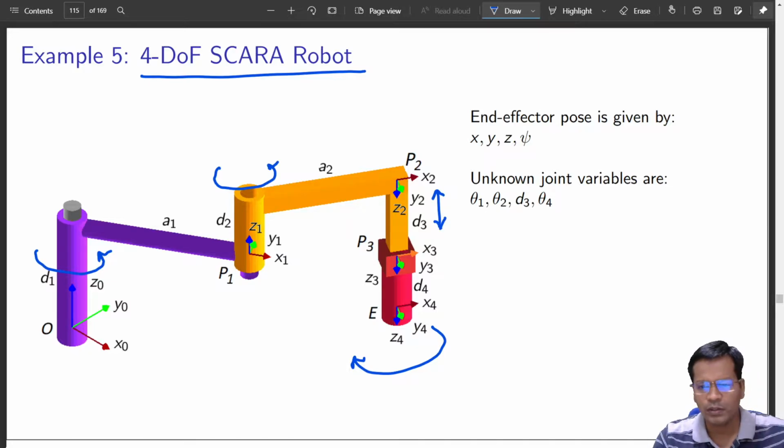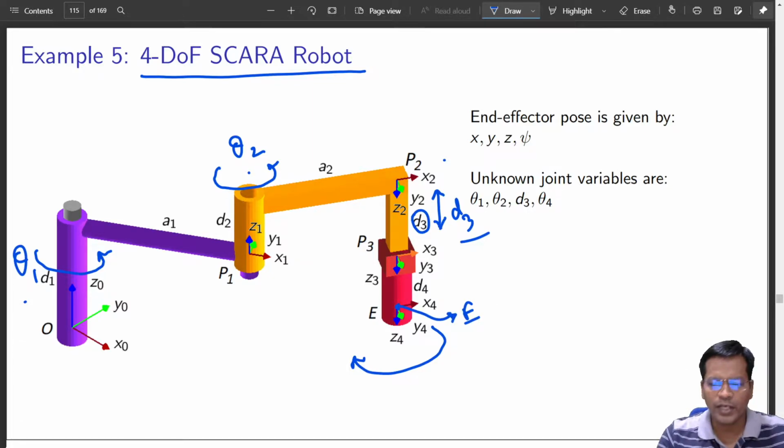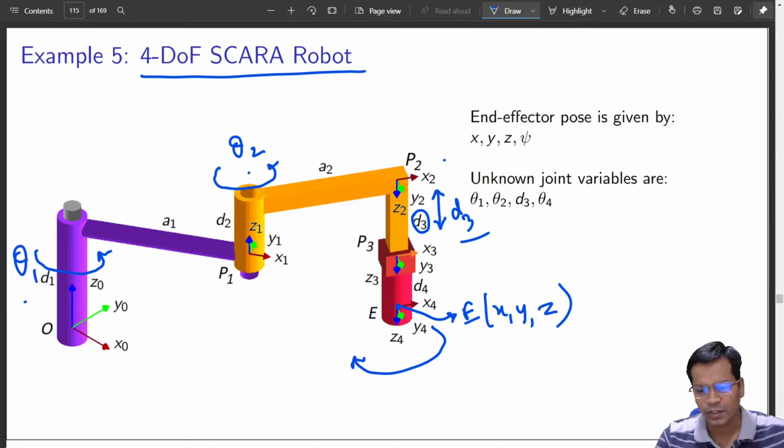So what all things can these robots do? This is theta 1, that is revolute, this is revolute, and this is prismatic. D3 is variable. Theta 1, theta 2 and D3 all together, the first 3 can make this point, that is the end effector point, go anywhere in X, Y and Z, correct.